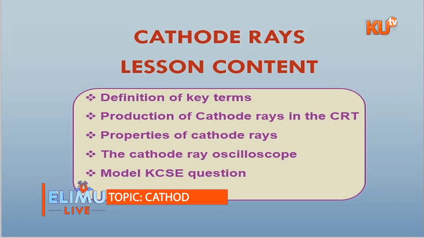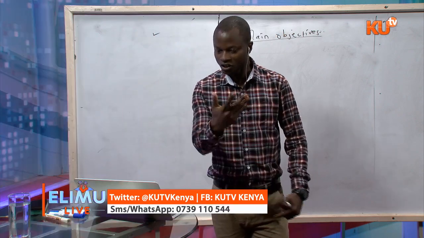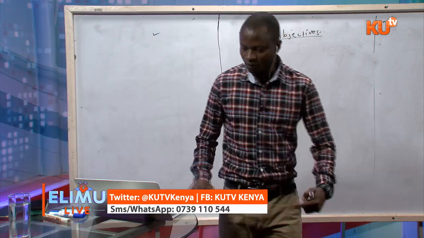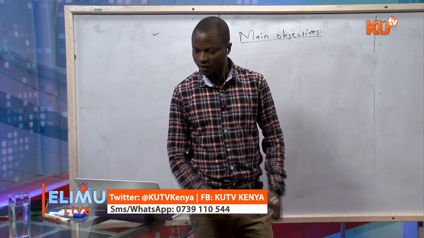You should be able to give us the properties of cathode rays. You should be able to explain the main parts of the cathode ray oscilloscope, what we usually call the CRO. This one is examinable, and you should be able to handle at least 1 or 2 questions that come in KCSE.